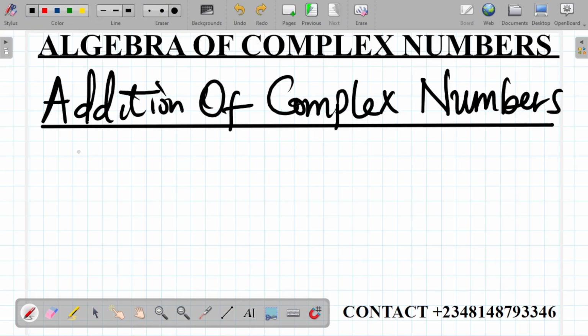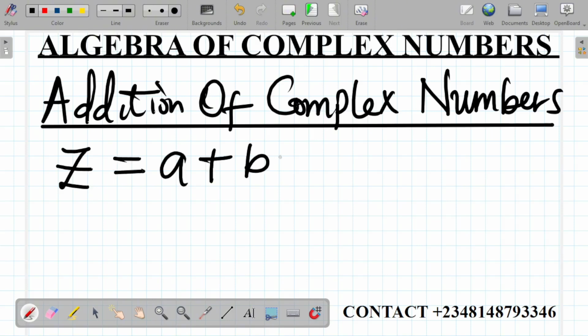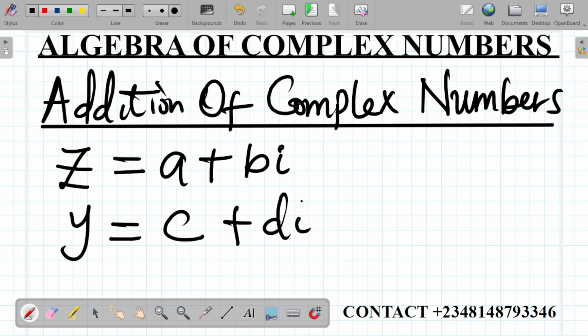Now let's take an example. If z is equal to a plus bi, and y is equal to c plus di, and we are asked to add z and y, how do we solve it?